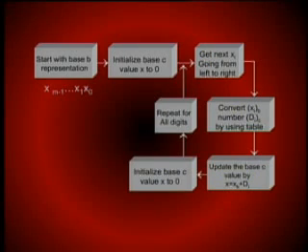Now we initialize for base c the value which we call x to 0, and that is the starting point. Then we fetch the next coefficient xi, working from left to right.